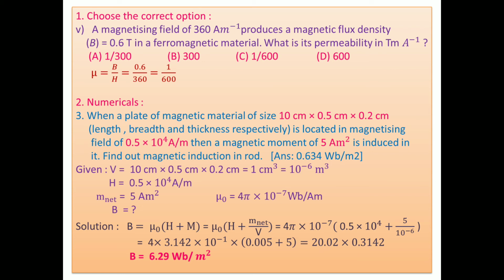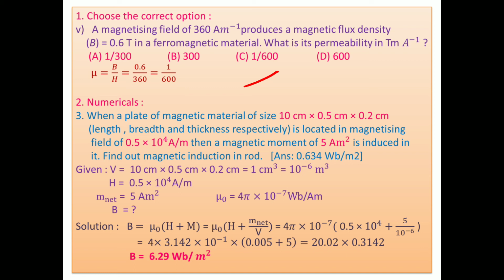What is the permeability in Tesla meter per ampere? Answers are given. The simple formula is mu equals B upon H. The magnetic field is given, 0.6 divided by 360. 0.6 divided by 60 means 1 upon 600. The answer is 1 upon 600. Okay, simple.